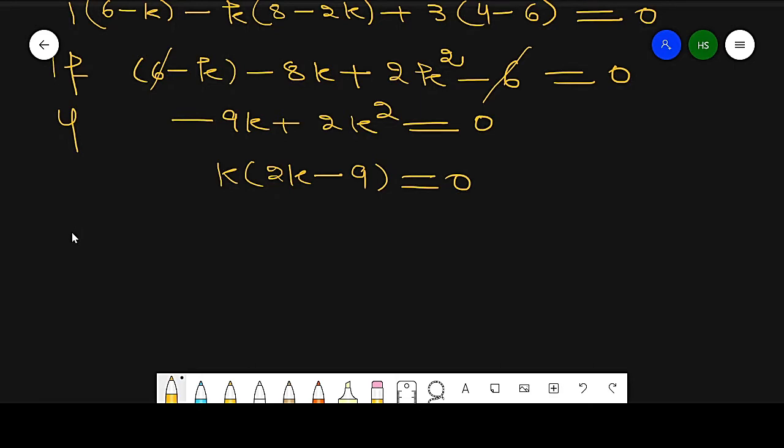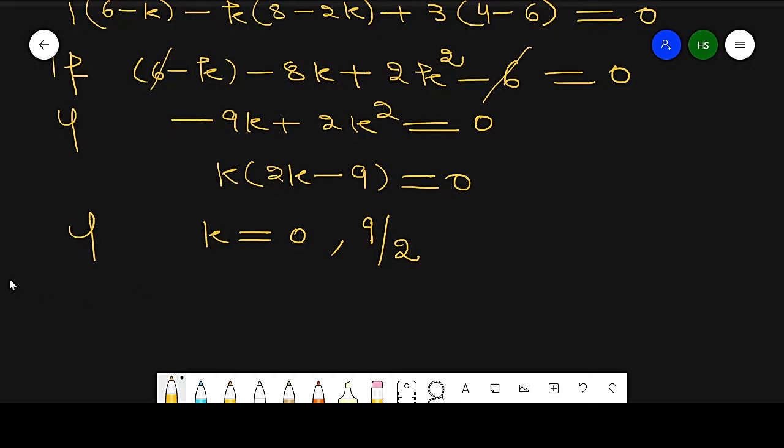So k is equal to 0 or k is equal to 9 by 2. So the given system has non-trivial solution if the value of k is 0 or 9 by 2.